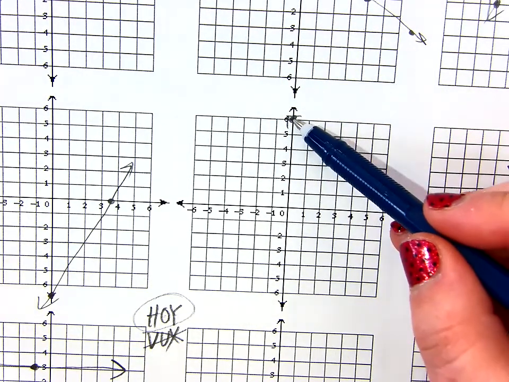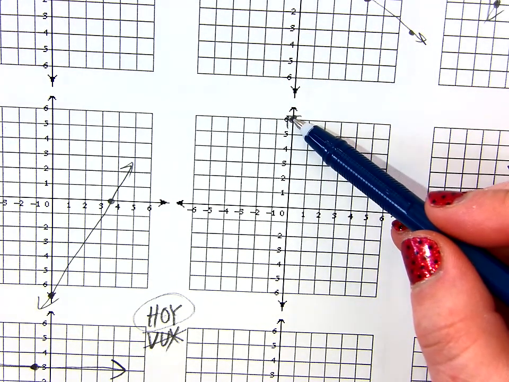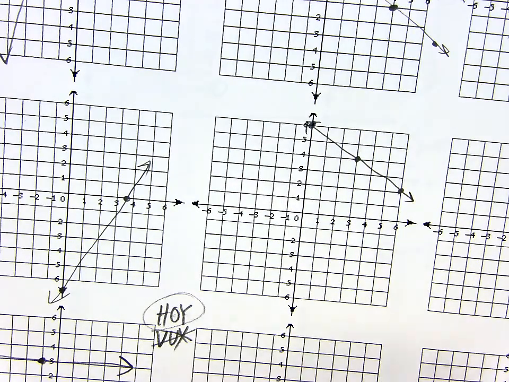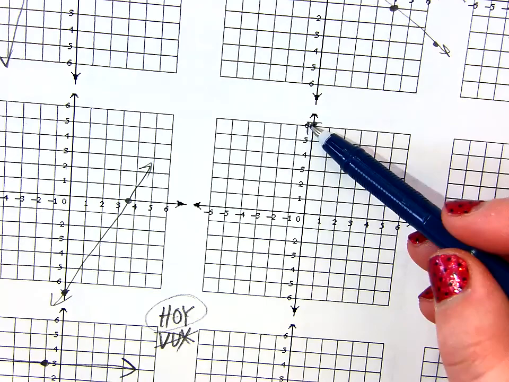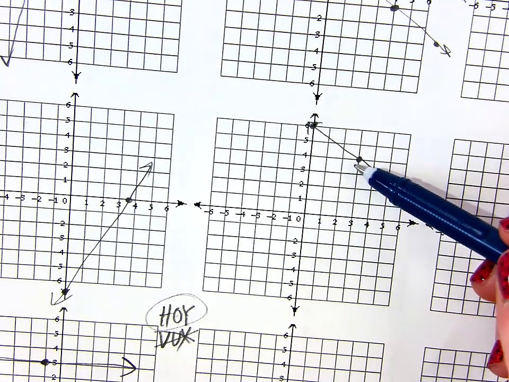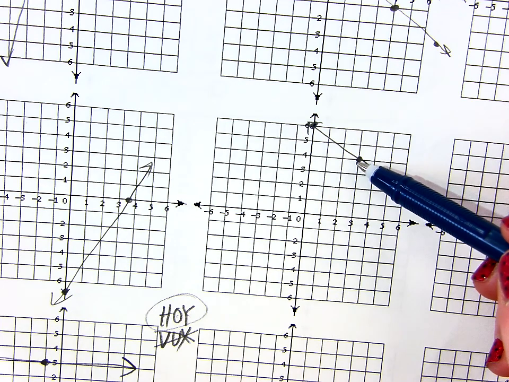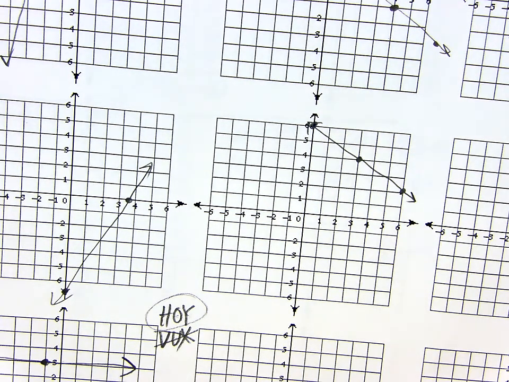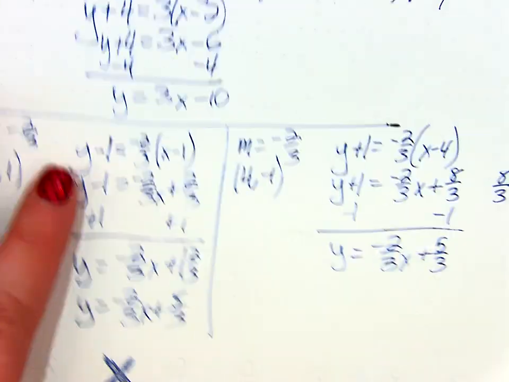I do know where it crosses the y-axis. It's at 6. So I know in y = mx + b, that b is just going to be a +6. And then I can also find my slope. So I don't have to start in point slope and then rewrite it if I know where the y-intercept is. I can just jump right there. Does that make sense? So let's talk about that real quick and then we'll try some of these.